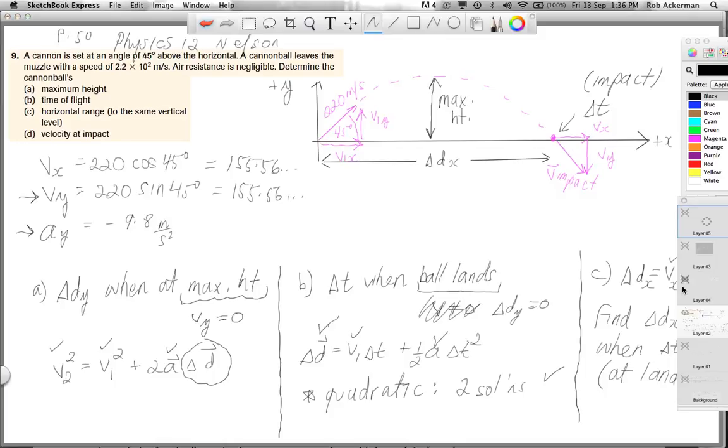So how do you do this? Well, first of all, we know the initial 2 components. And from part B, you know how long this whole thing lasted for. Therefore, using time, you ought to be able to figure out what is the new Vy. Because remember, it changes by 9.8 every second. And you know that Vx is constant, so can you put these two together?